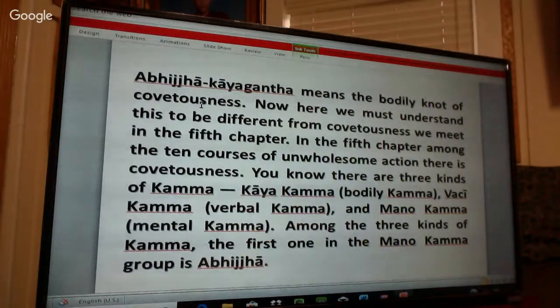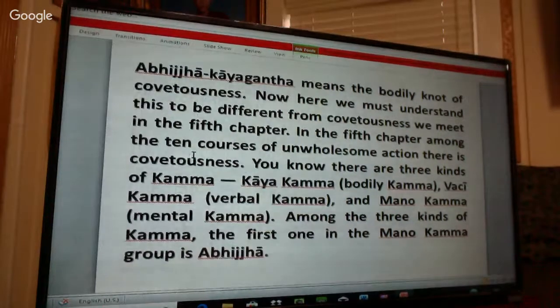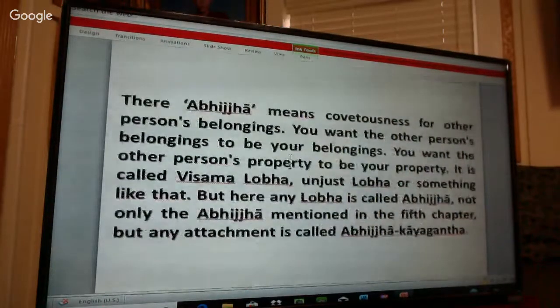But here abhijjha is a little bit different. In the previous chapter, abhijjha means covetousness for another person's belongings, being very strongly attached to them. For example, one person drives on the road in a very luxurious car, a Lexus or something like this.